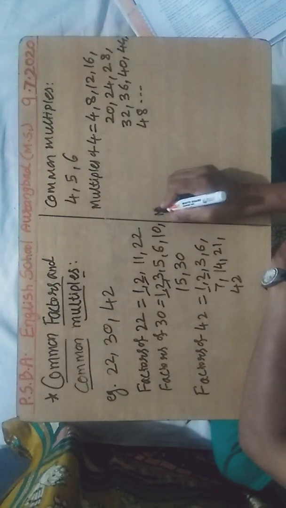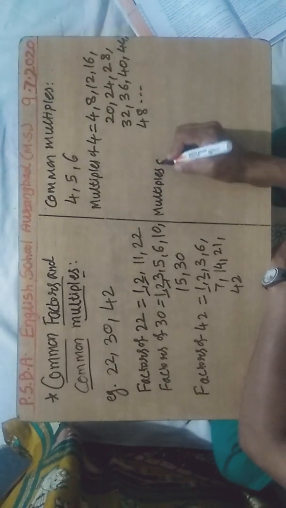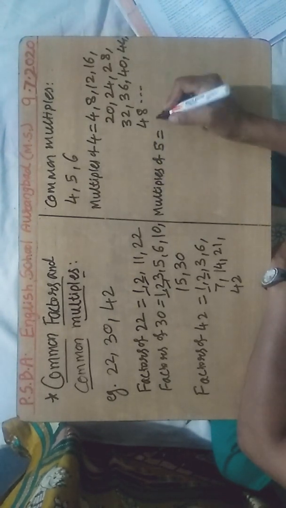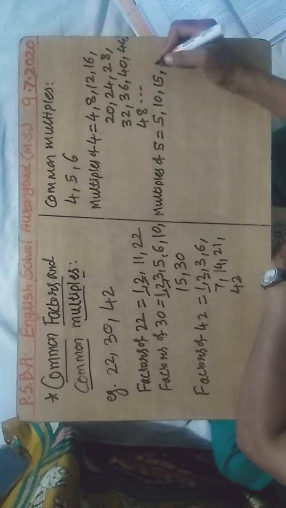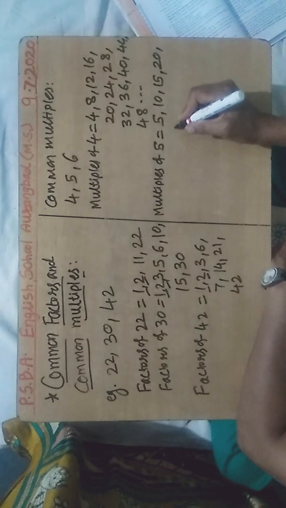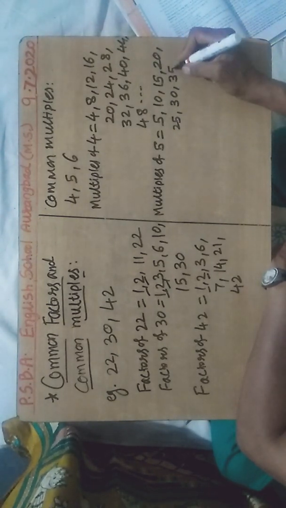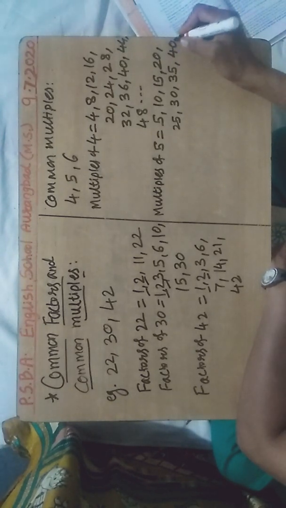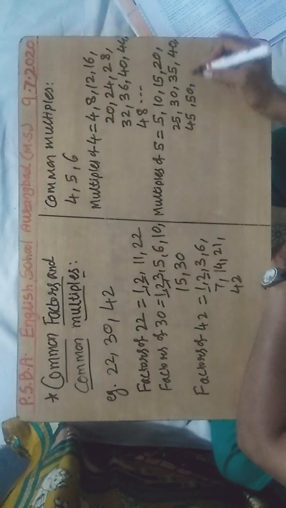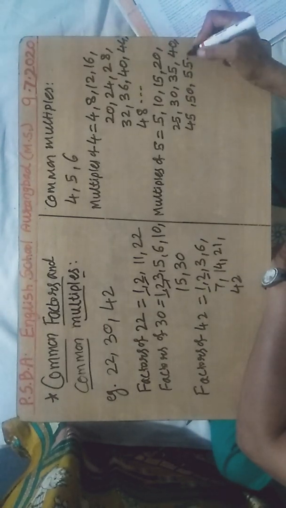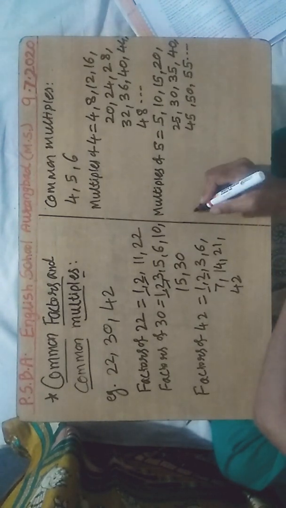Multiples of 5 are 5, 10, 15, 20, 25, 30, 35, 40, 45, 50, 55 and so on. We can find infinite number of multiples of 5.